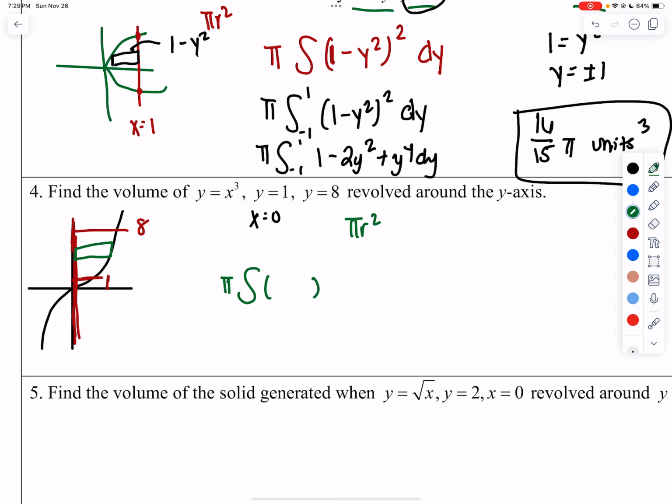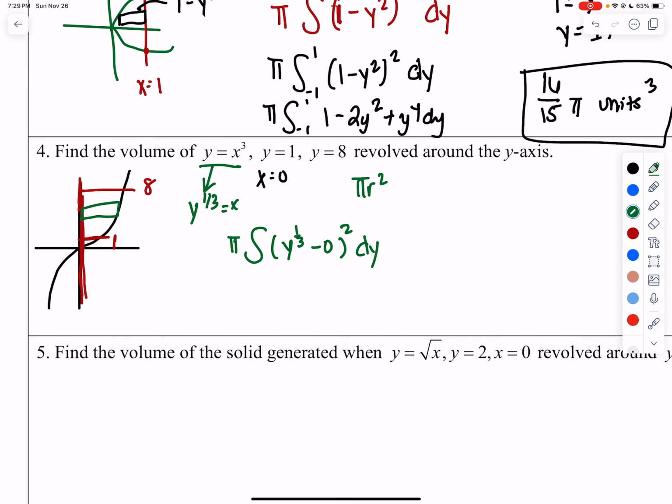Since this is in terms of dy, I want to make sure that I have everything in terms of y. So it shouldn't be x cubed, but it should be y to the 1/3. So this is y to the 1/3, and then minus 0 because your y-axis is 0, and then square. That is going to leave me with y to the 2/3 dy.